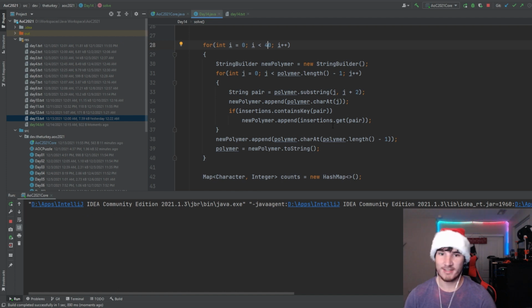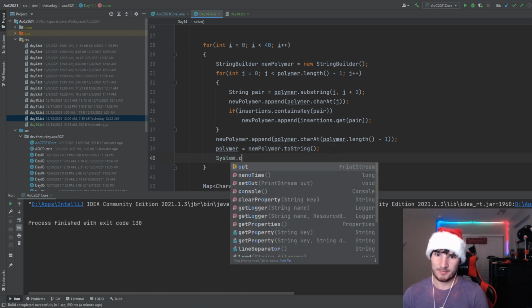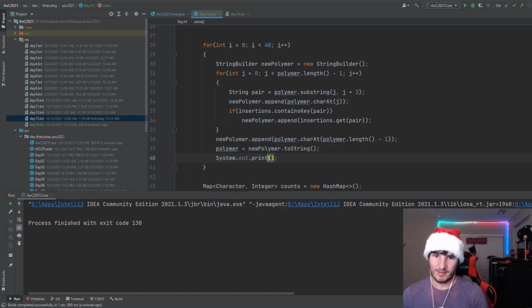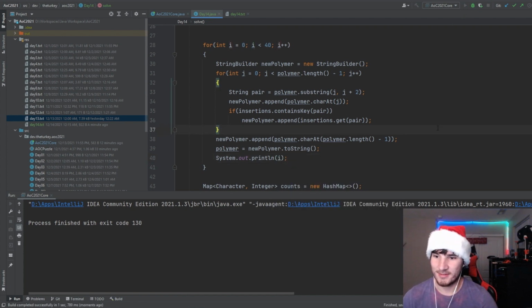I thought it was running fast enough. Maybe not. I thought with 20 milliseconds it would, but even a string builder, I guess. Let's see where it's at. Let's see how many steps it's gonna get through.